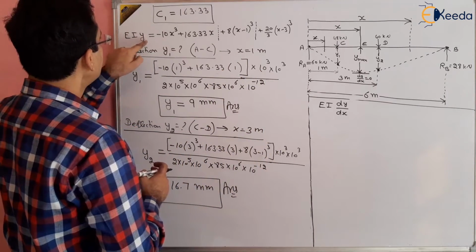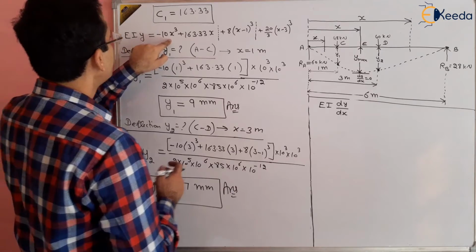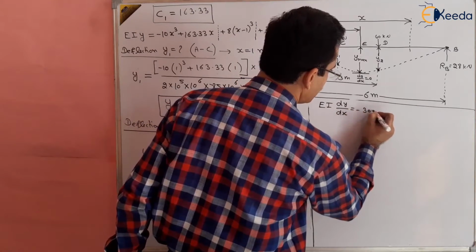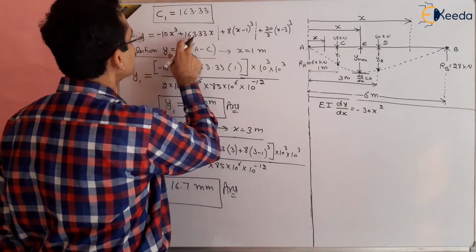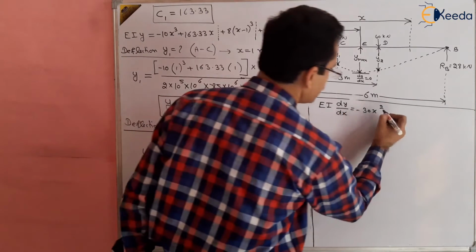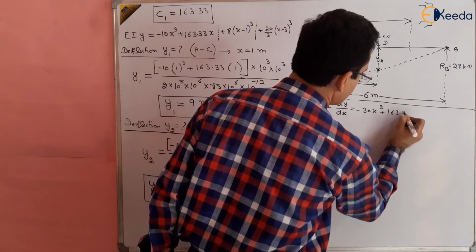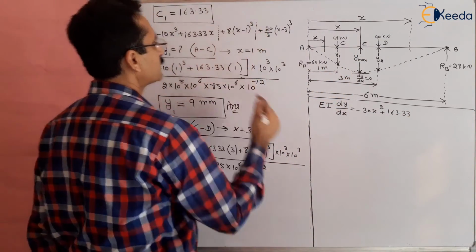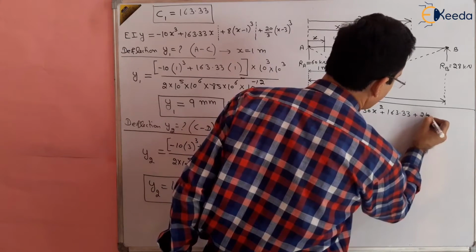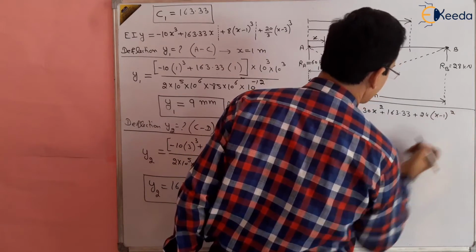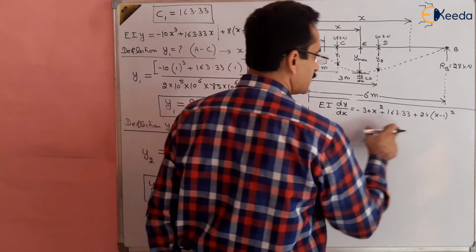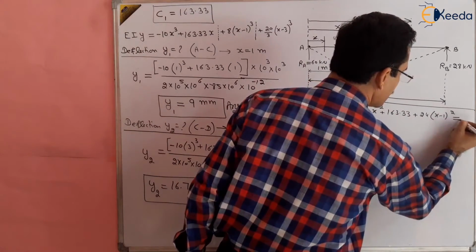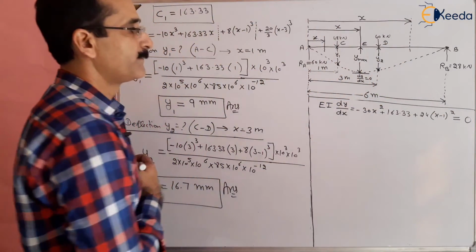So differentiate it, EI dy by dx, the differentiation of this will be minus 30 x square plus 163.33, and the differentiation of this, that is 24x minus 1 whole square, right? So we have differentiated this equation, and to get the maximum slope, this should be equal to 0, right?